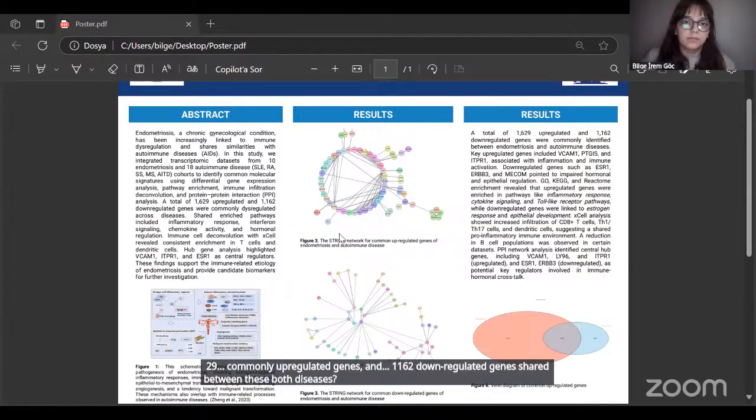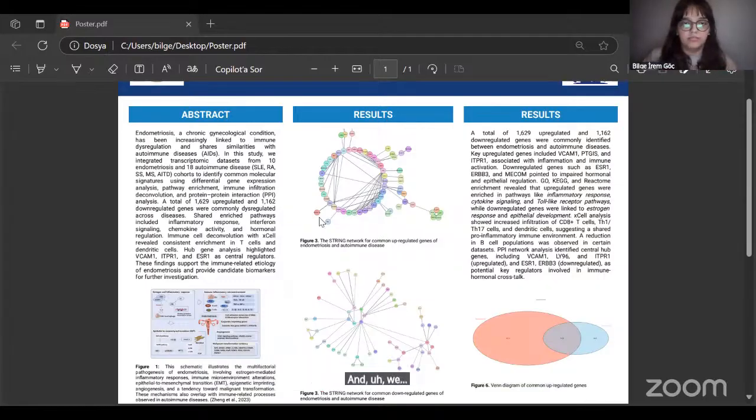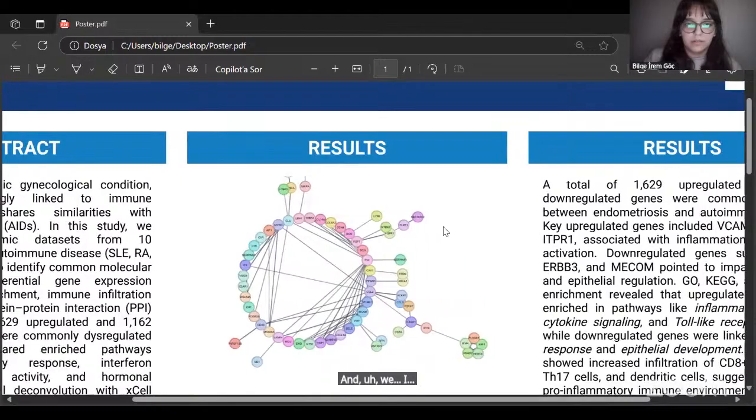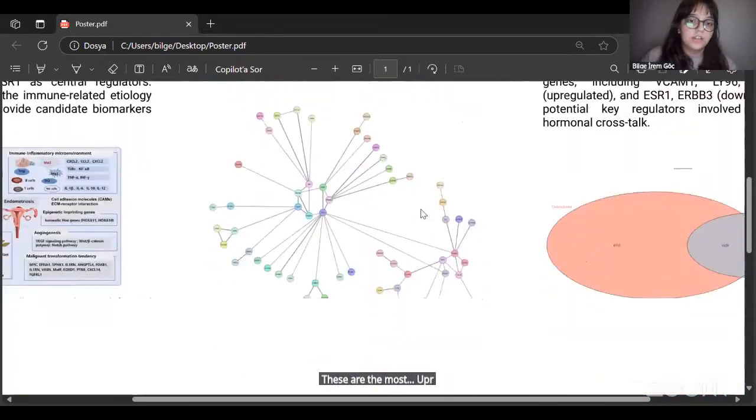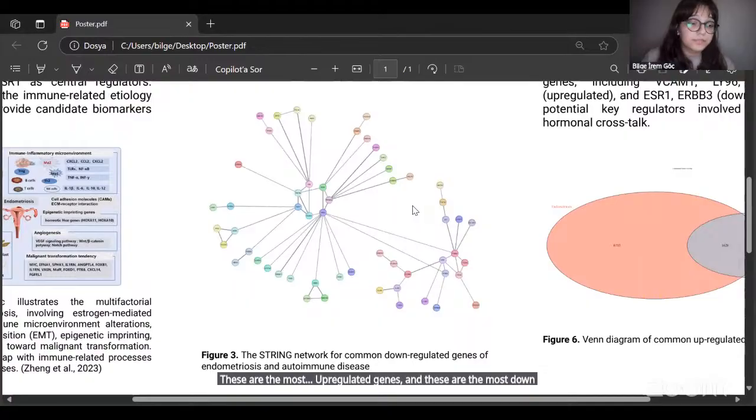And we used Cytoscape to show the most frequent genes and the interaction between them. These are the most upregulated genes, and these are the most downregulated genes.